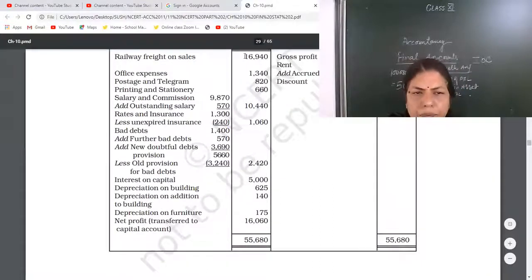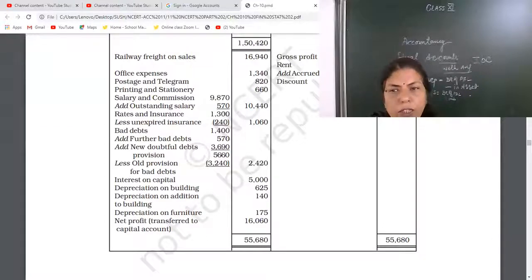Railway freight, office expenses, postage and telegram, printing and stationery, all are without adjustments. So if the adjustment is not there, we will also not touch them. Now see, salary. Outstanding should be added. Yes, correct. Rates and insurance. Rebate should be subtracted. Very good.